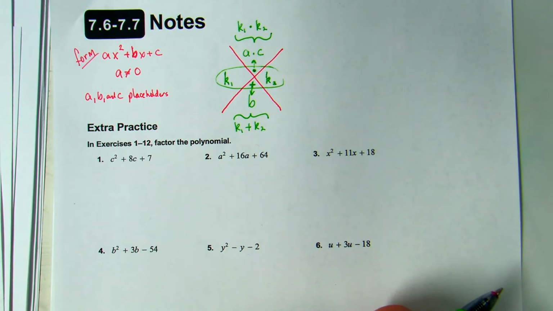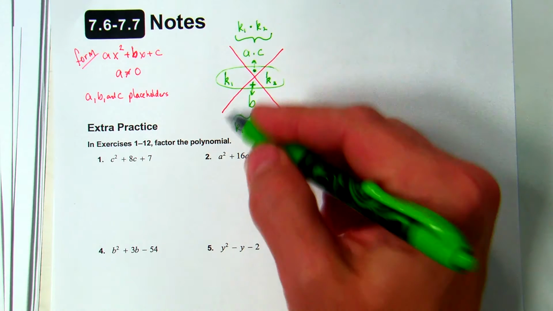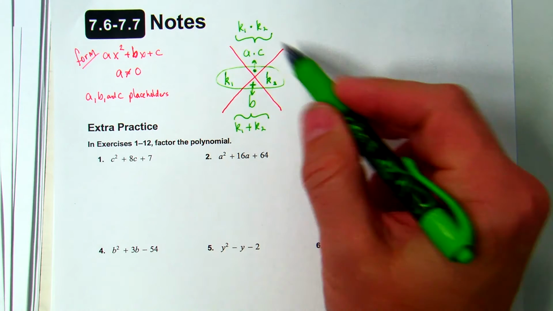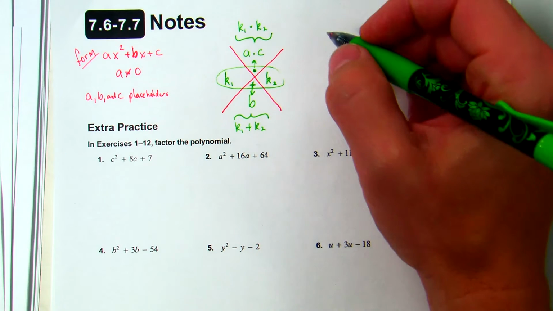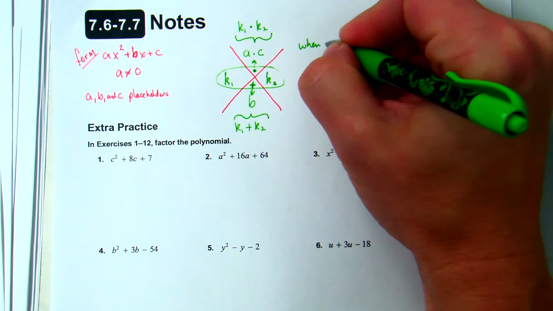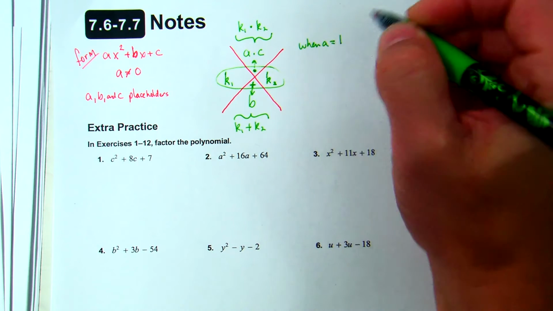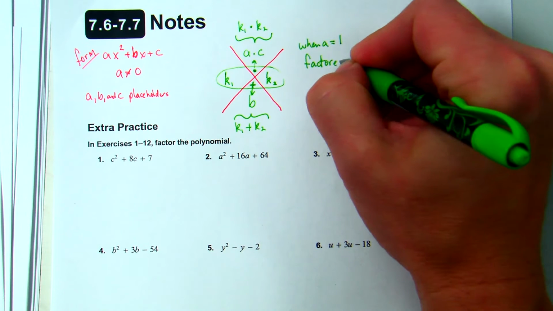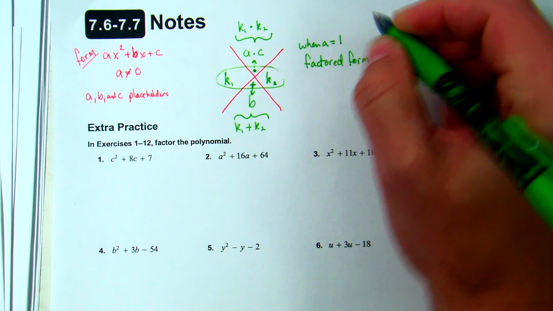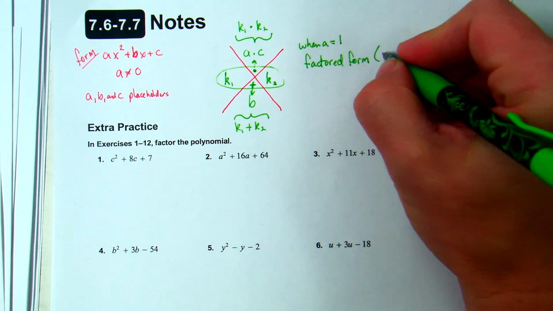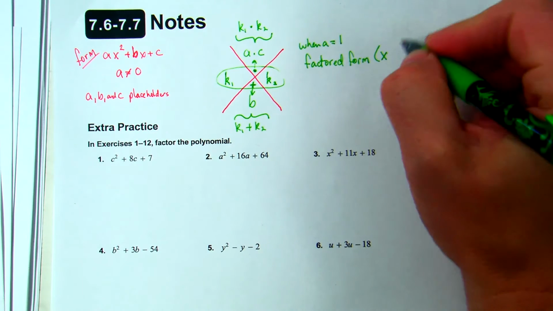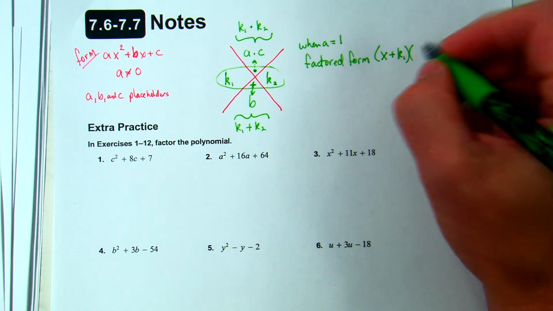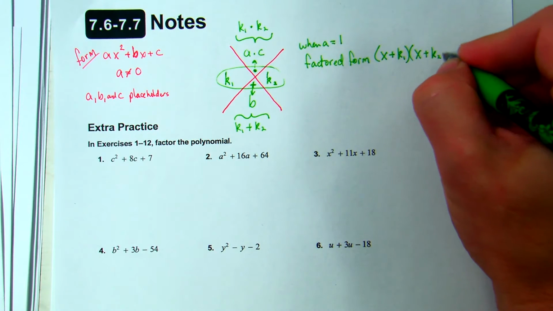Okay, so that's the concept of the X here, and setting this up so that we can find out what the factors are. Now, when we have this set up, and we have the condition when A equals 1, the factored form, or the answer that we're looking for, is going to be X plus K1 times X plus K2.